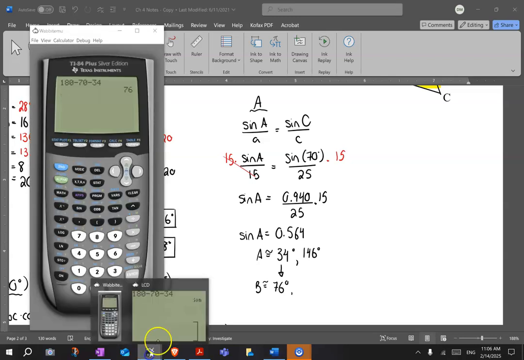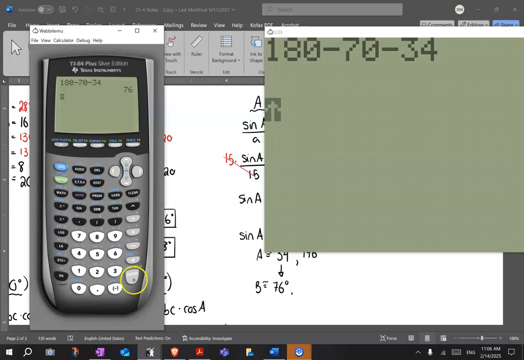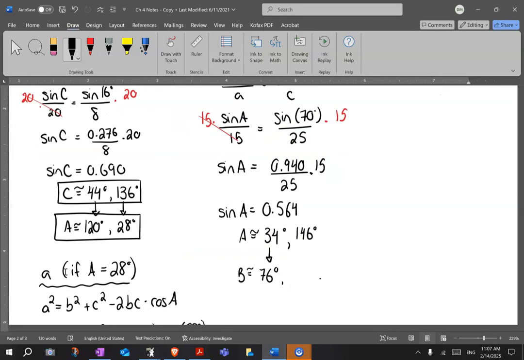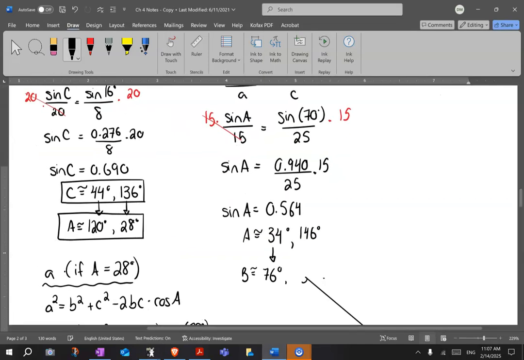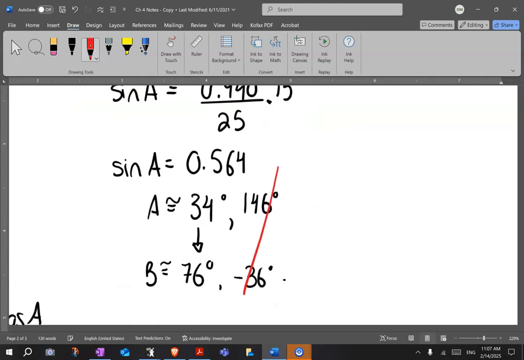Alternatively, and maybe you can see where this is headed, if you have 180 degrees and you take away the 70 and then you take away the 146, you get a negative angle. You get negative 36. And you can't obviously have a negative angle in a triangle, which is why this one doesn't make any sense.